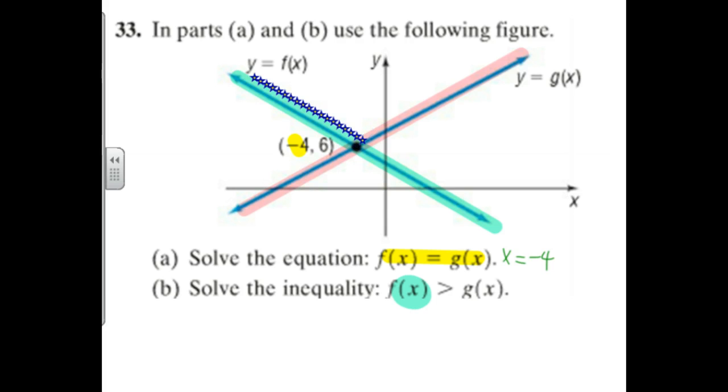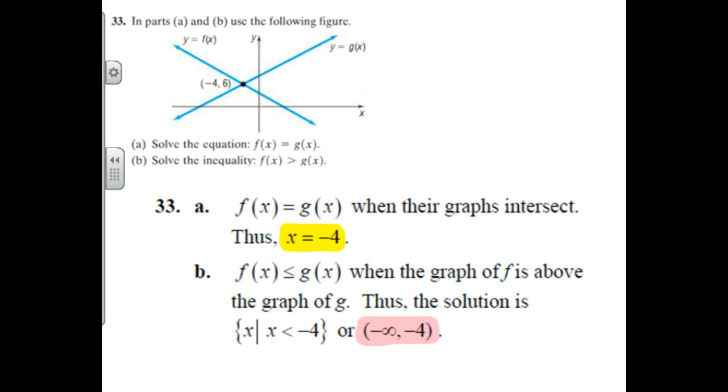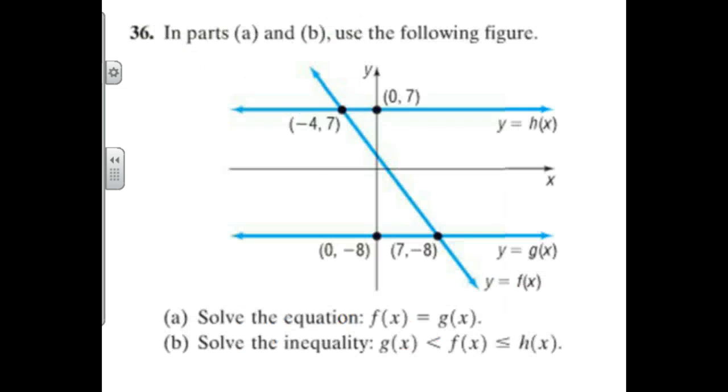So I'd probably say the x values are from negative infinity off to the left. I don't care about high and low because if I'm talking about when the function is greater or less, I'm talking about x values, all the way up to the x value of negative 4, and I probably wouldn't include that. There you go, negative infinity to negative 4, those are solutions.